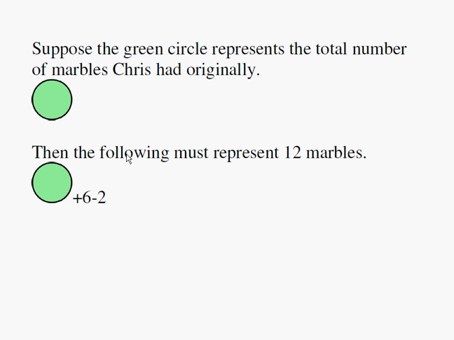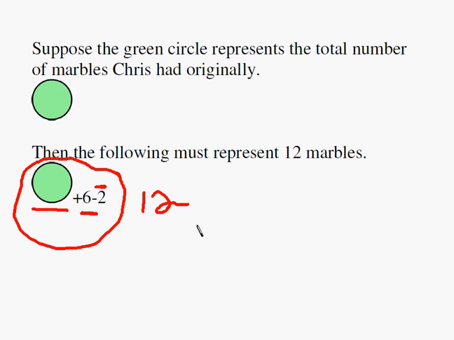This was his original number of marbles right here, the green circle. Original. He got 6 from Betty. He gave 2 to Alex. Well, this has to be 12 according to the question. Because after these two things took place, after he received 6 marbles from Betty and gave 2 away to Alex, he ended up having 12.